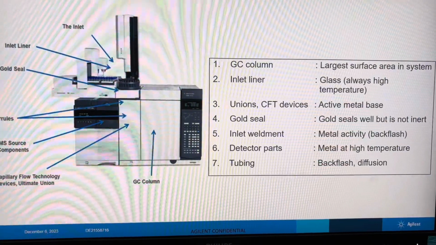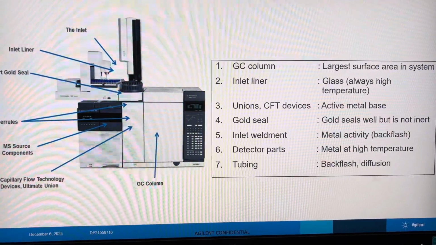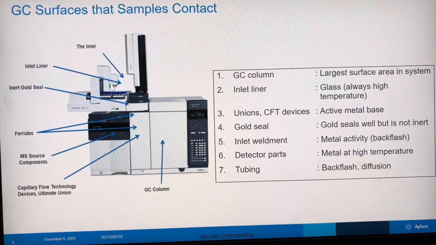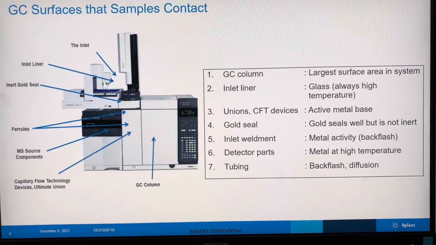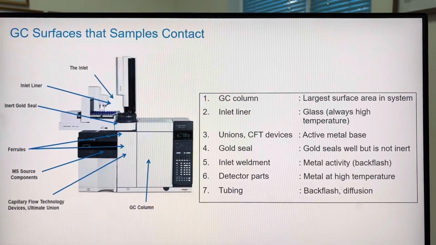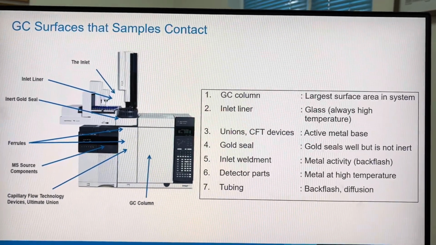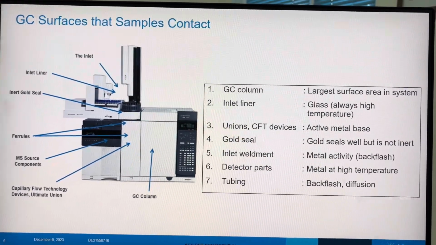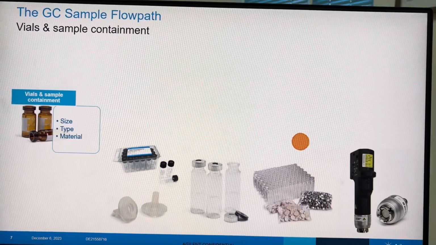And then tubings, which we use for diffusion purposes or the backflush technology. We look one by one at the GC flow path, because we need to carry our sample to the system. That's our primary important thing.